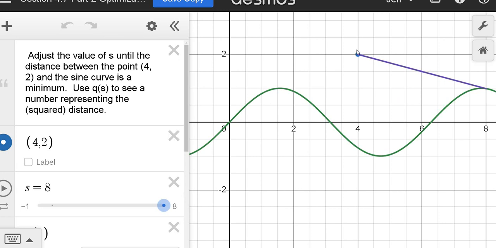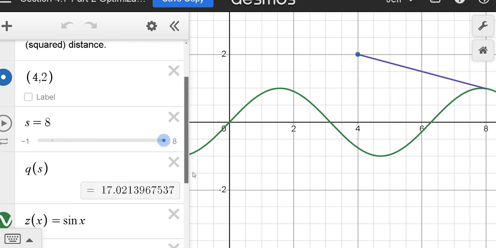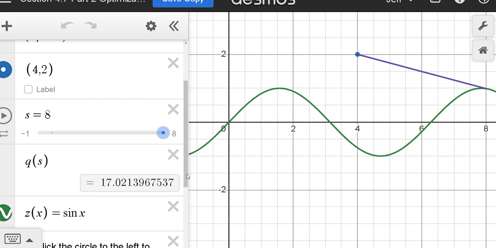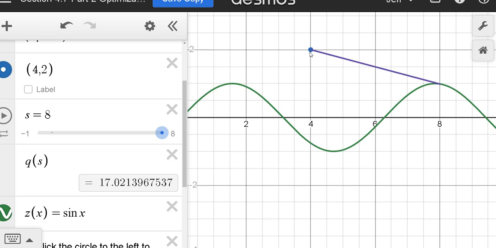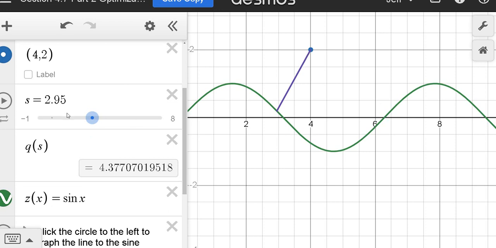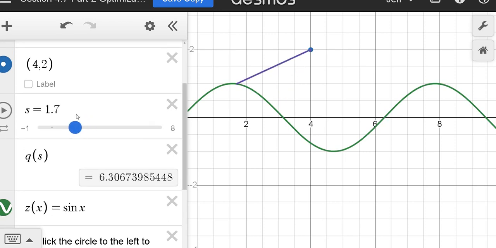So here's what's going on. There's your point (4, 2), and you want to find the point on the sine curve that minimizes the distance between the point (4, 2) and your sine curve. You can play around with this a little bit, move it back and forth, and you can see the distance from this point to the curve, depending on where you're at on the curve.